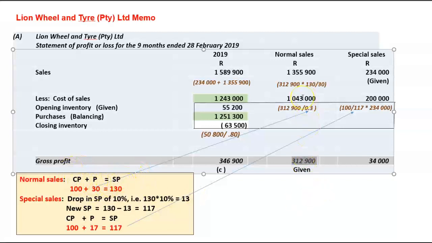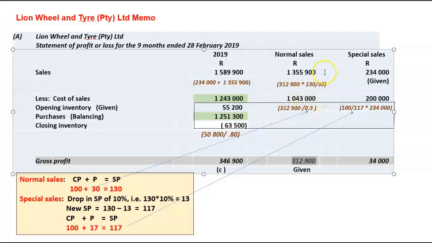So if we want to have a look at what the cost was, we would say, well, the profit is 312,900. If I want to work back to the cost price, I'm going to divide it by 30%. So 30 divided by 100 equals 30%, and that will give us 1,043,000.